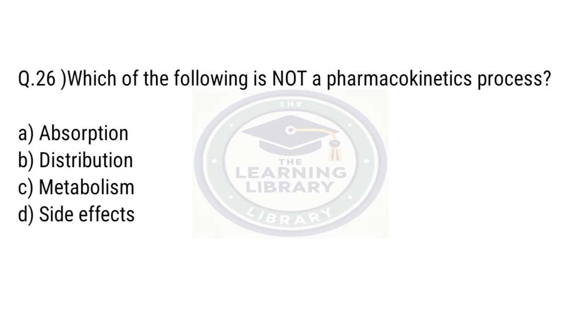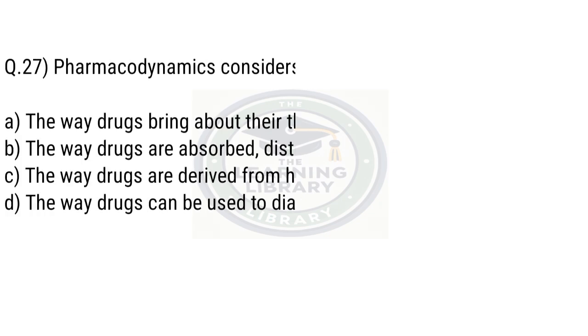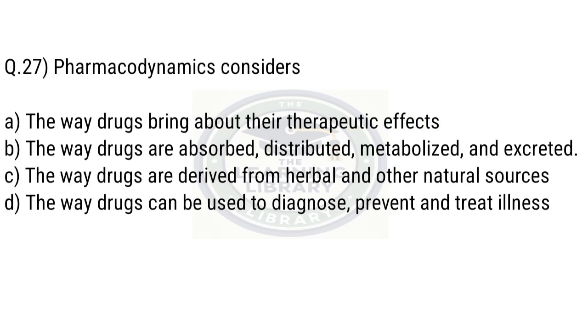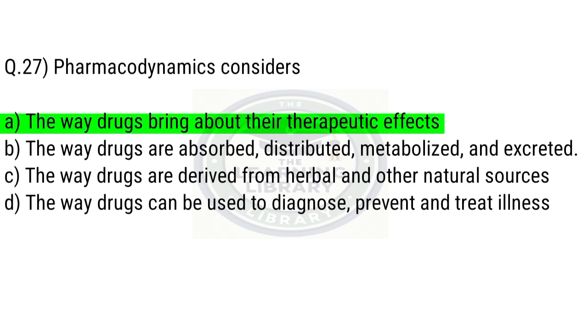Question number 26. Which of the following is not a pharmacokinetics process? The right answer is option D, side effects. Question number 27. Pharmacodynamics consider. The right answer is option A, the way drugs bring about their therapeutic effects.